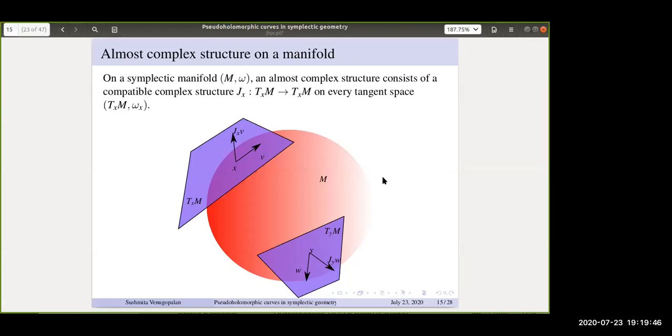Then what we do is assign a complex structure on every tangent space, which varies smoothly with the point of the manifold. So on a symplectic manifold (M, omega), an almost complex structure consists of a compatible complex structure J_x on every tangent space, where x is a point on the manifold. Compatibility is something you can ensure pointwise.